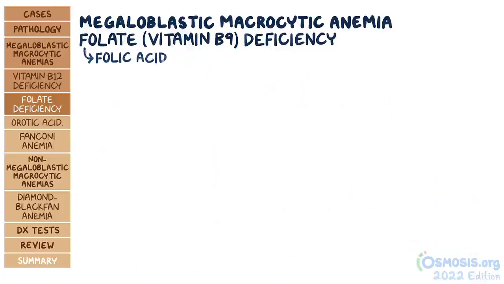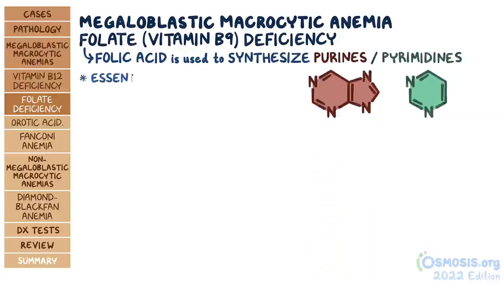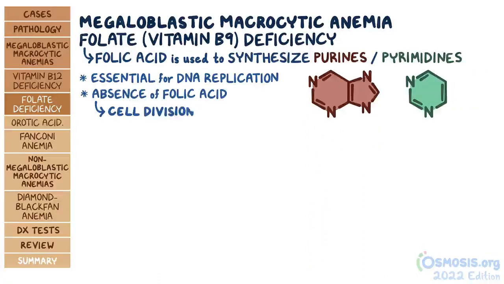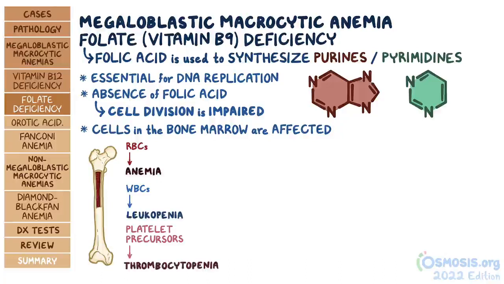Now, folic acid is used to synthesize purines and pyrimidines, which are essential for DNA replication and cell division. So in the absence of folic acid, cell division is impaired, and therefore rapidly dividing cells in the bone marrow are affected, like red and white blood cells, as well as platelet precursors, leading to anemia, leukopenia, and thrombocytopenia.